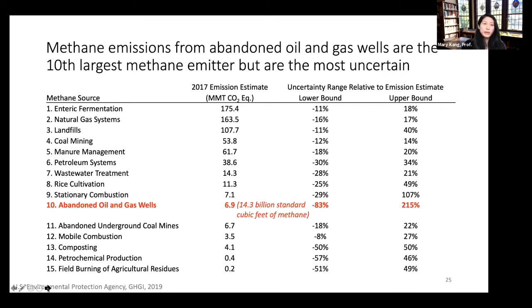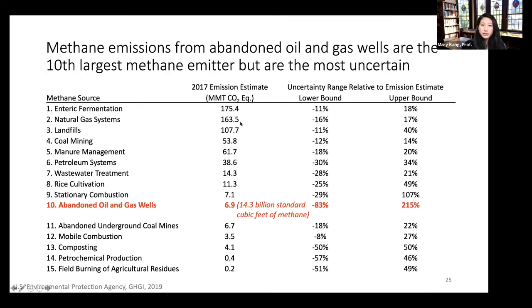The number one anthropogenic methane source in the US is enteric fermentation, so cows. Then the second is natural gas systems, then landfills, coal mining, manure management, petroleum systems, wastewater treatment, rice cultivation, stationary combustion, and abandoned oil and gas wells comes in around 10th place. So it's not the biggest, but it's still an important contributor.